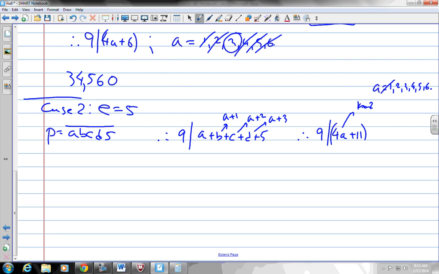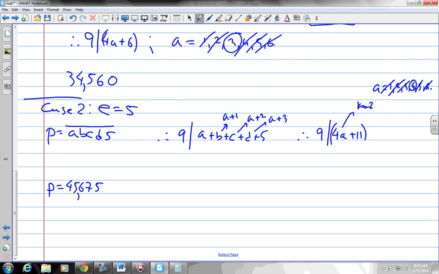Well, no, 2, it's 8 plus 11, 2 doesn't work, sorry. 3, did 3 work? 4? You said 4 works, right? Because you get 16 plus 11, 27. So 4 works. 5? No. 6? No. So 4 is the only one that works. Just 4. So then the number is 4, 5, 6, 7, 5.